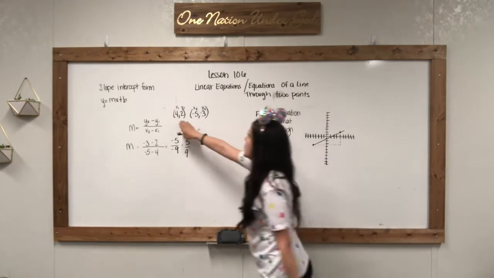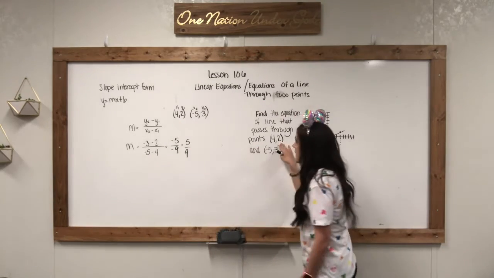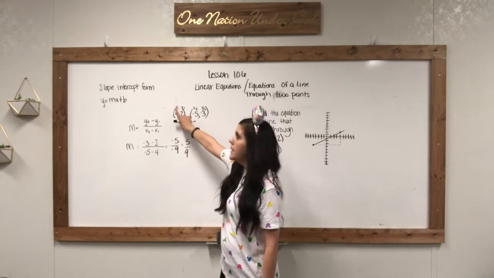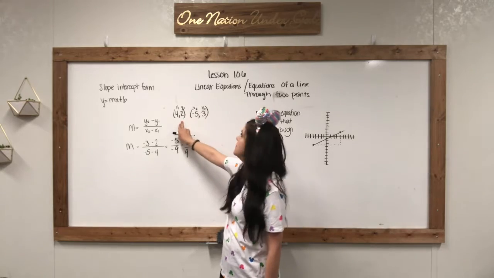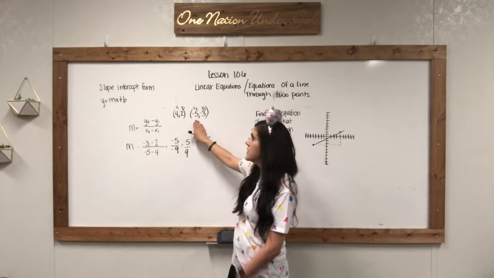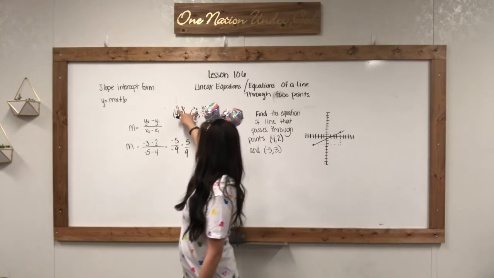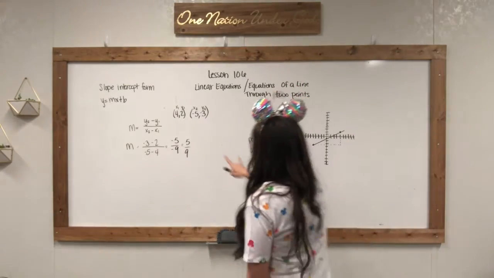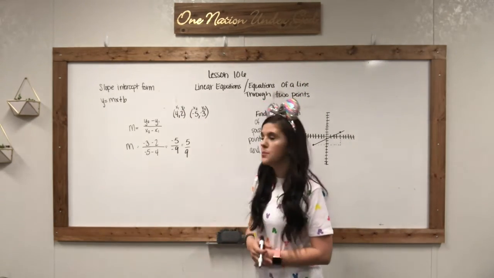I just used (4, 2) first because that is the first coordinate that they gave to me. So the 4 would be my x1, the 2 would be my y1, and the same thing here, this would be x2 and y2. With the x coordinates and the y coordinates, you're just identifying which one is 1 and which one is 2, okay?